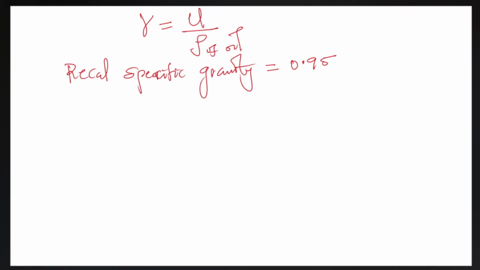So meter square per second cancels meter square per second, and you are just left with your strokes. So your strokes will now be 1.234 times 10 raised to the power of minus 6 divided by 10 raised to the power of minus 4.